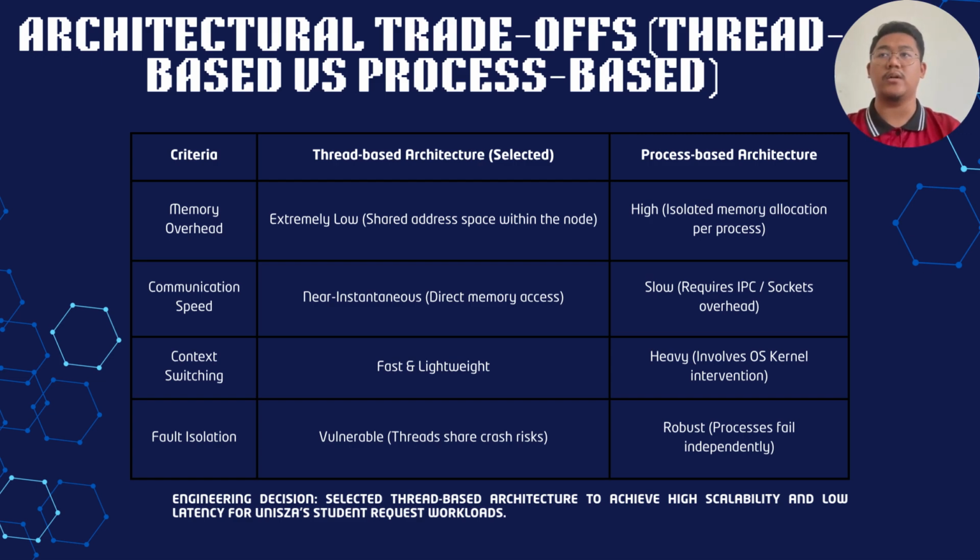However, referring to our engineering at the bottom, we make a calculated choice. We prioritize high scalability and low latency to support the massive peak hour for the university library system. Therefore, the thread-based approach remains our most optimal choice.